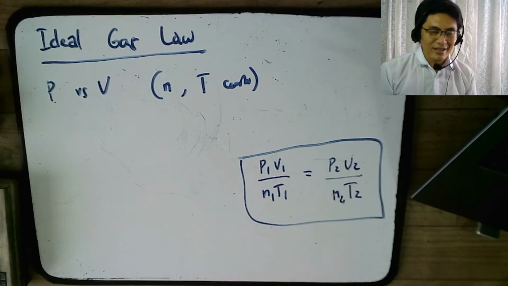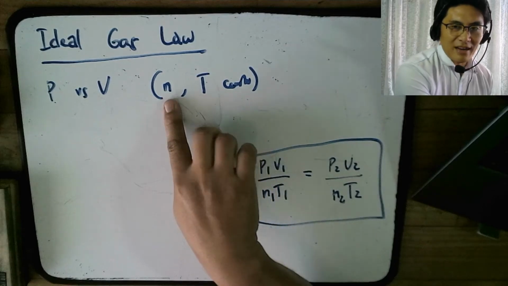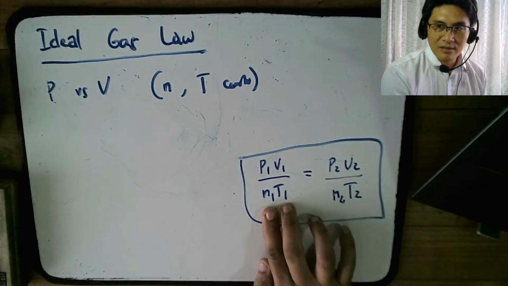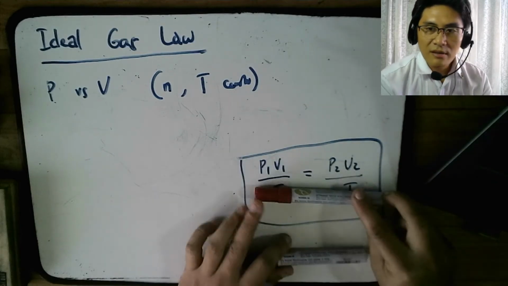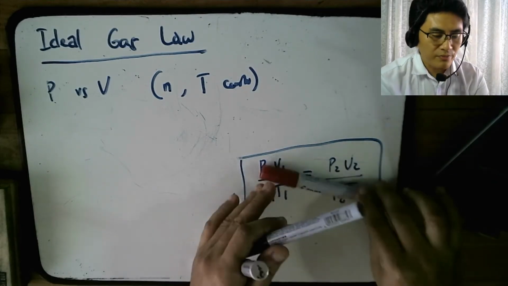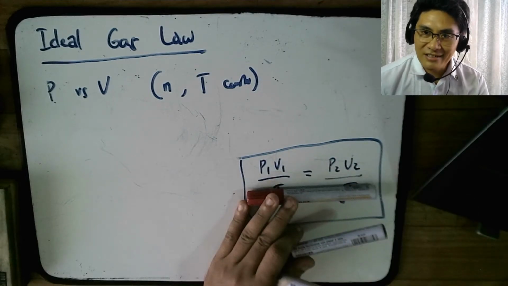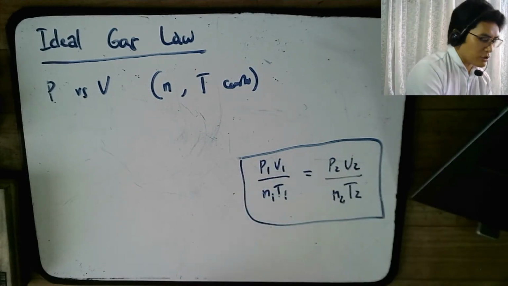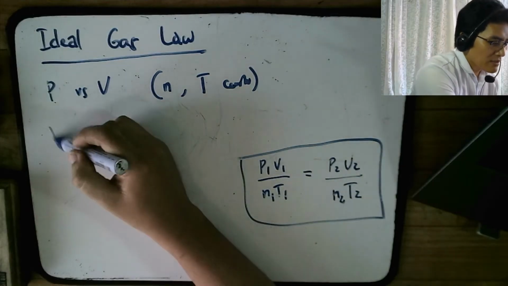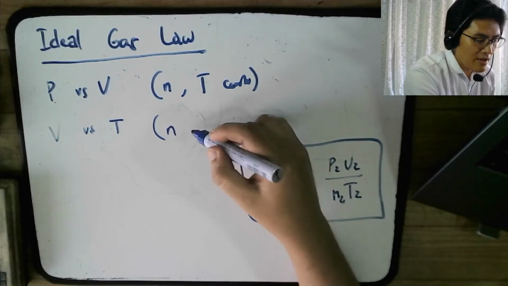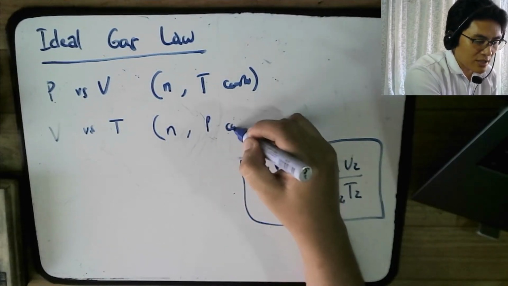Because if you keep N and T constant, then this N and T disappears. And guess what? If it disappears, you get Boyle's law. Right? Charles's law is about V versus the temperature. And guess what? We keep N and the pressure constant.